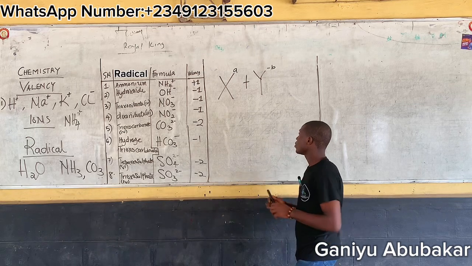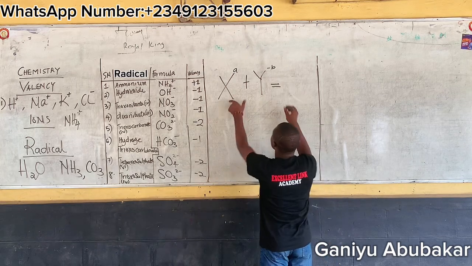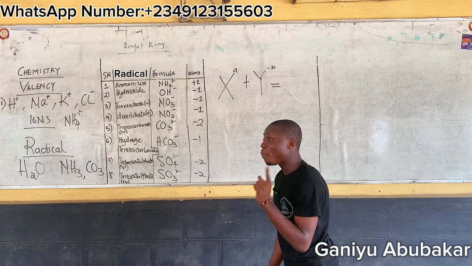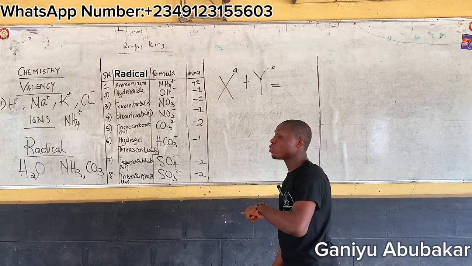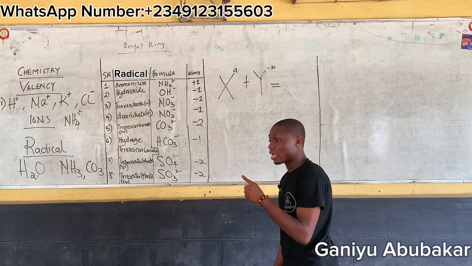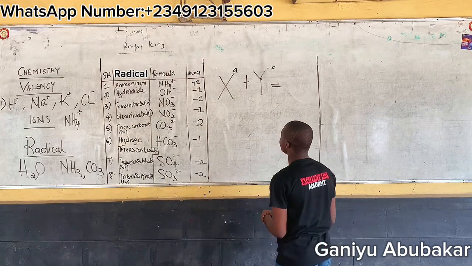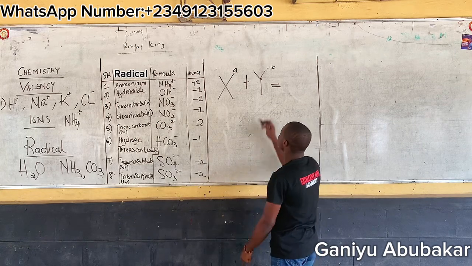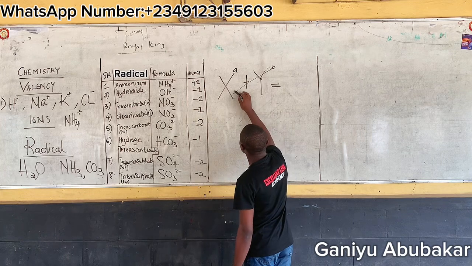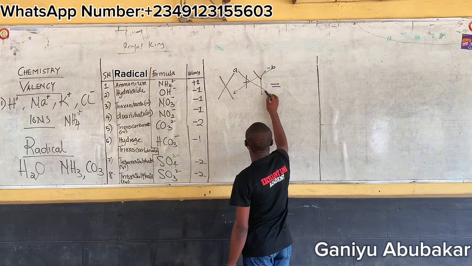Look up. These two want to combine. What's the first principle? They must be of opposite charges. One is plus, another is minus. If it's plus and plus, they can't combine. So what do they do? They exchange their power. This one will come here, this one goes here.